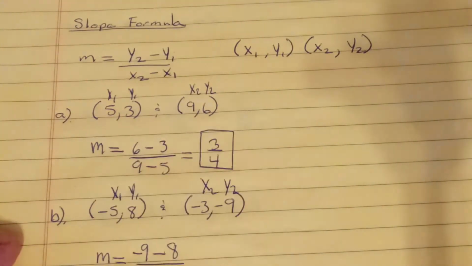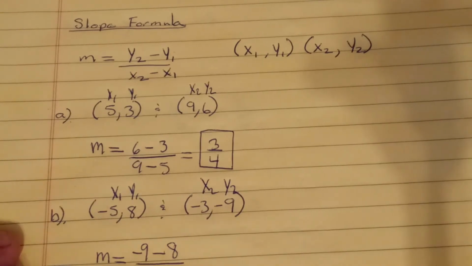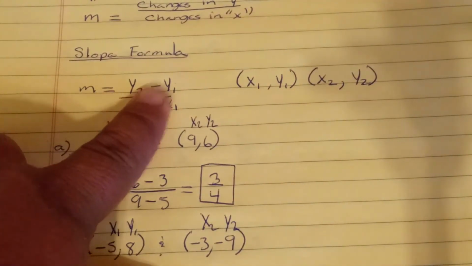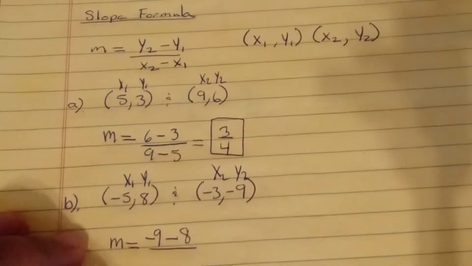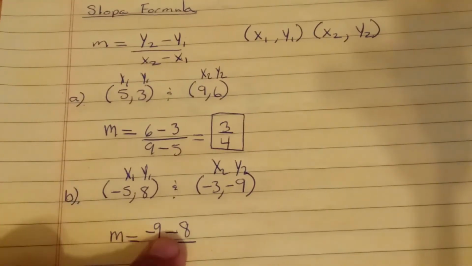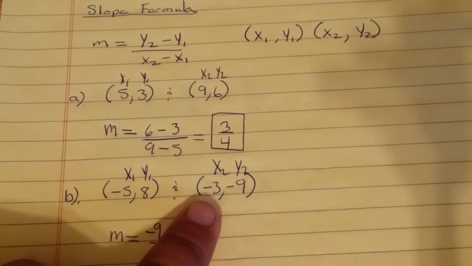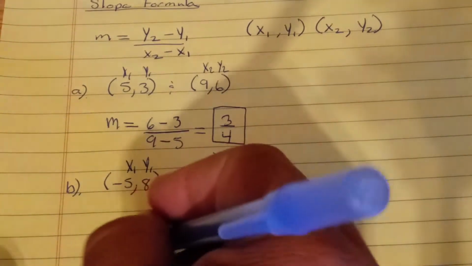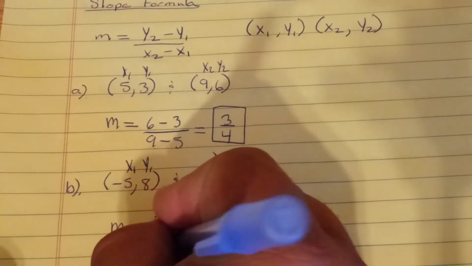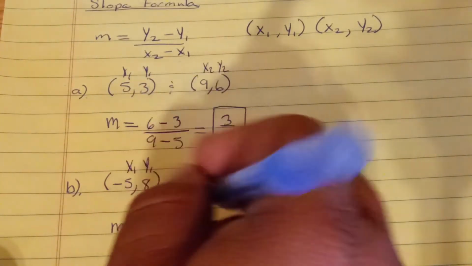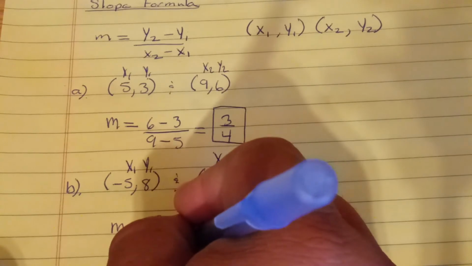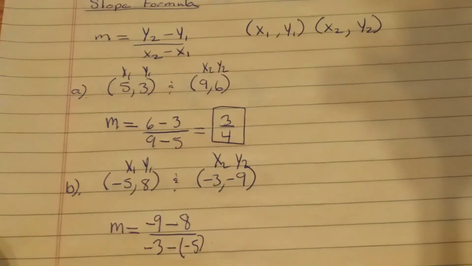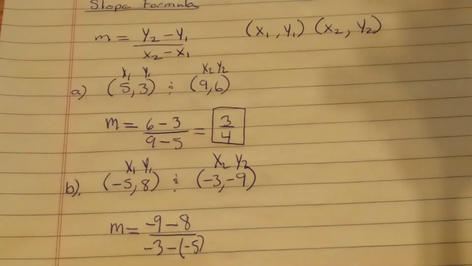So remember the slope formula, it's y to the second minus y to the first. So in this case, we have negative 9 minus 8, and x to the second. In this case, it's going to be negative 3, minus x to the first, which is negative 5. That negative is separate from this minus sign right there. So you're going to see some sign changes there.